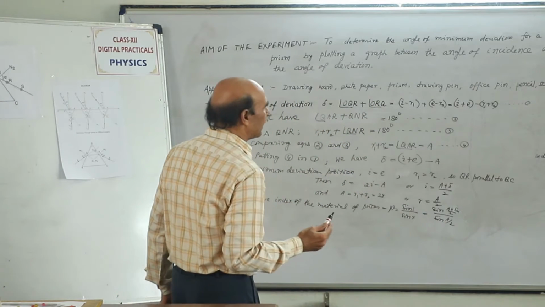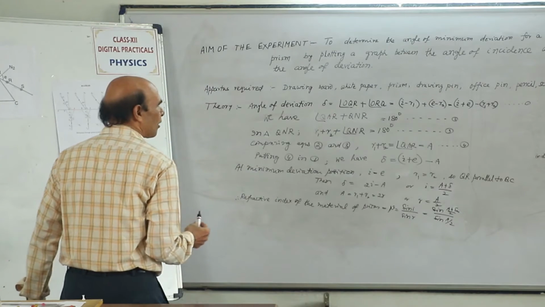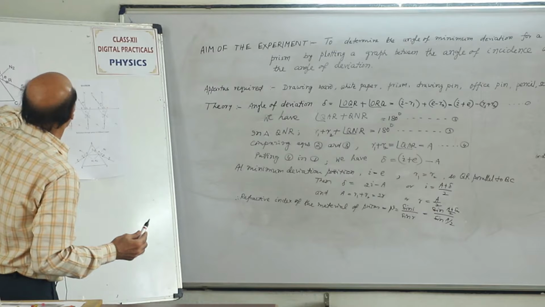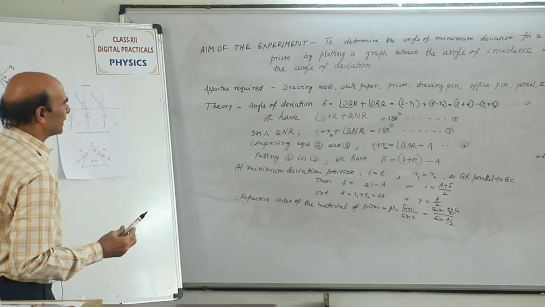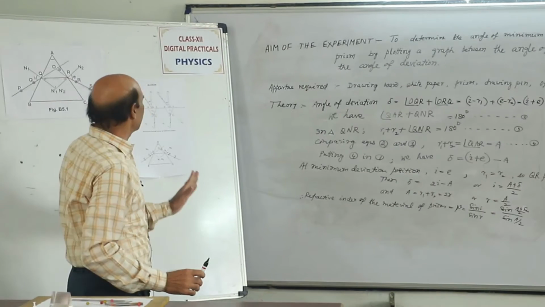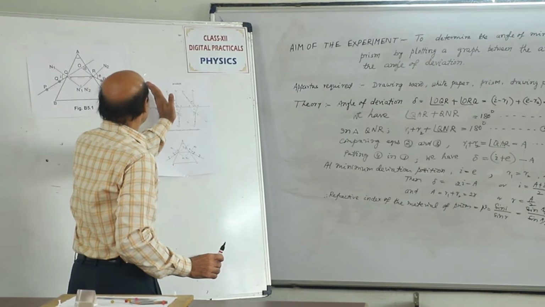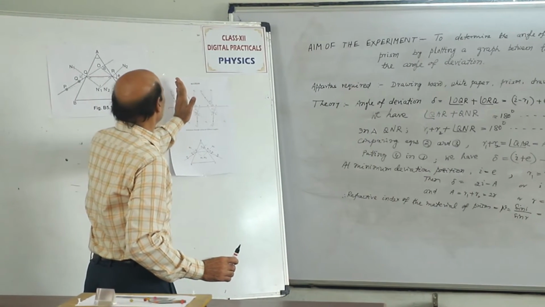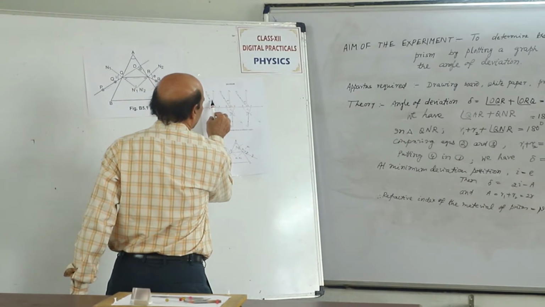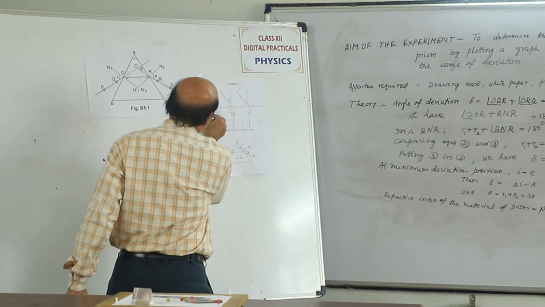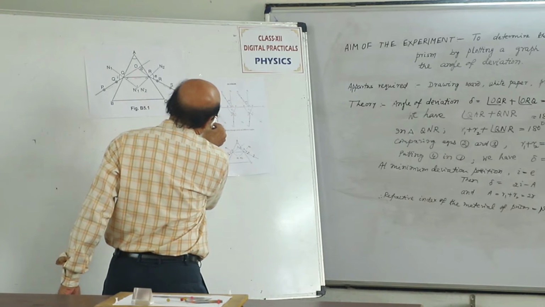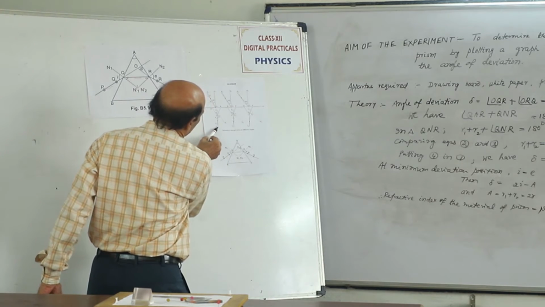How will we get the minimum deviation? In order to find the minimum deviation, we will have to do this. Let us take different angles of incidence. The angle of incidence is the angle between the incident ray and the normal to the surface. This angle, 35 degrees, is your angle of incidence, and this is your incident ray, this is your refracted ray, and this is your emergent ray.